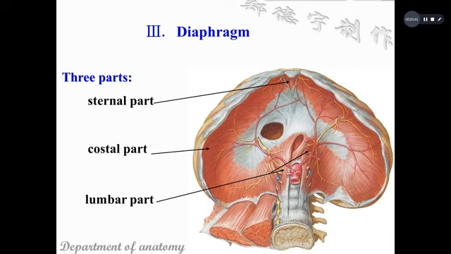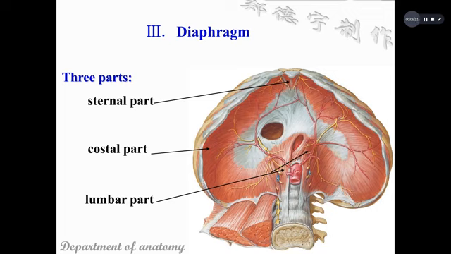And then let's see the diaphragm. The diaphragm is a dome between the thoracic cavity and the abdominal cavity. It separates the abdominal cavity and the thoracic cavity. It is convex toward the thoracic cage.